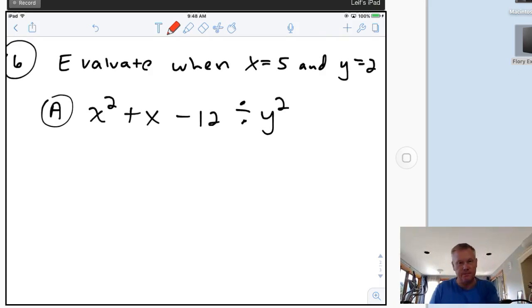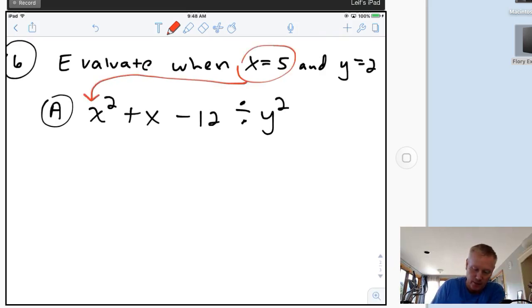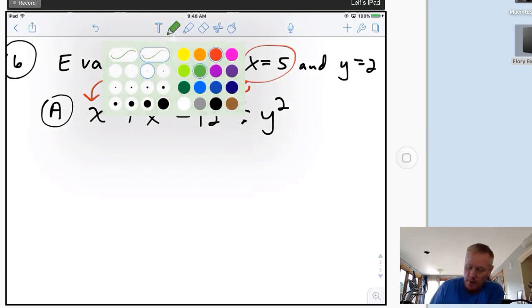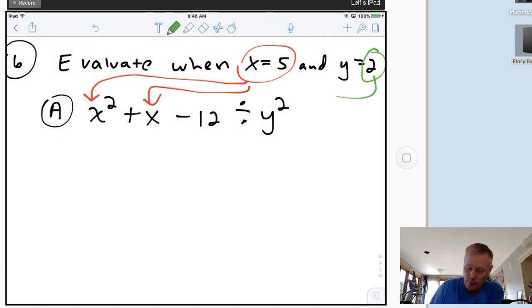this looks hard, but it's the same problem we just did, really almost exactly. The only thing is they told me that x is 5, so I'm going to plug in 5 here, and I'm going to plug it in there. And they told me that y is 2, so I'm going to take this 2, and I'm going to plug it in there where the y is, okay?